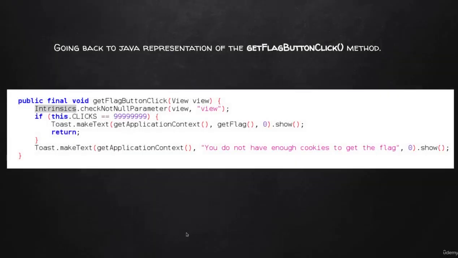Moving forward, going back to our Java representation of get flag button click method, the if condition says that button should be equal to this number to print the flag, or you are getting the you do not have enough cookies message. Now technically this get flag method can be called from anywhere inside this method.